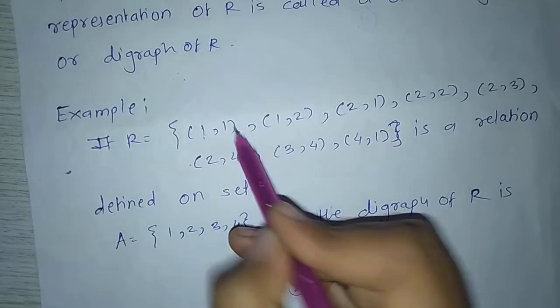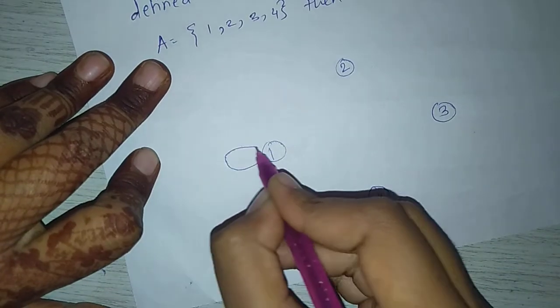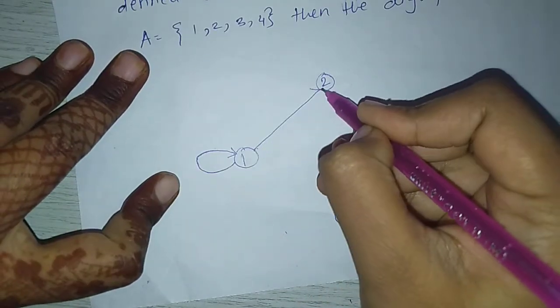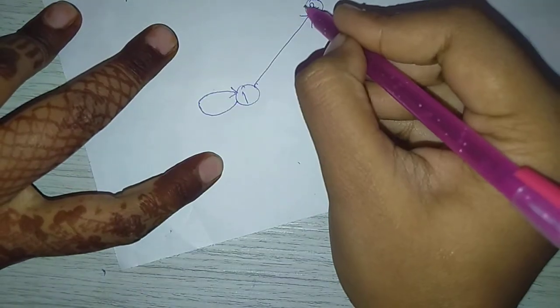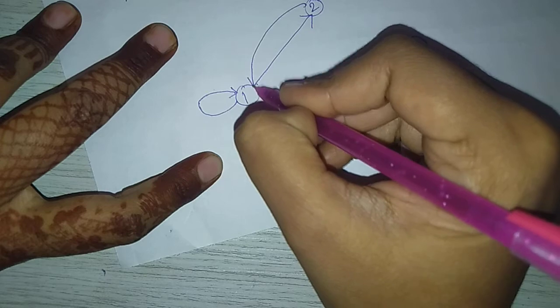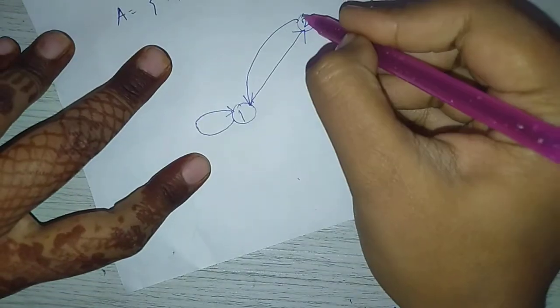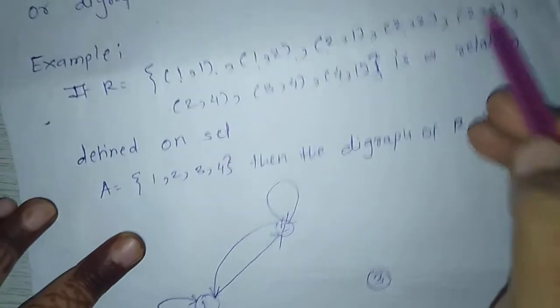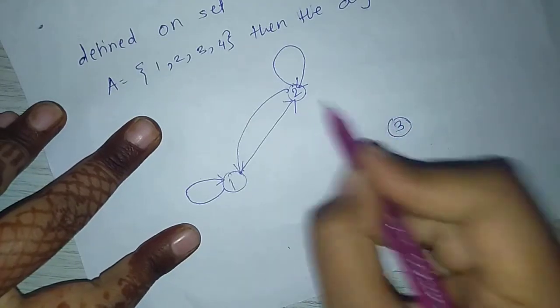Here 1 relates to 1 means 1 goes to 1. Next 1 goes to 2. Next 2 goes to 1. Next 2 goes to 2. Next 2 goes to 3.